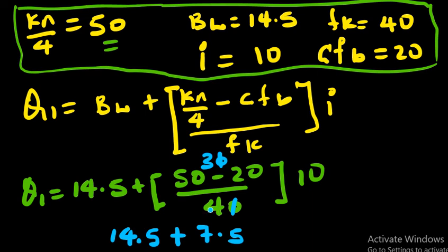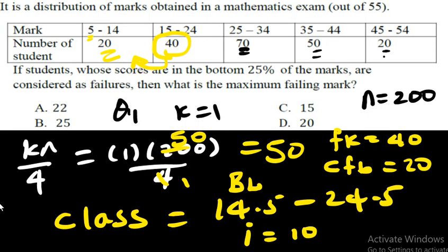So 3 over 4 means 0.75, and multiplied by 10 it's going to be 7.5. When you add this, it's going to be 22. So the maximum of the failing mark will be 22. The answer is found at A. Very good. Let's continue to the next question.